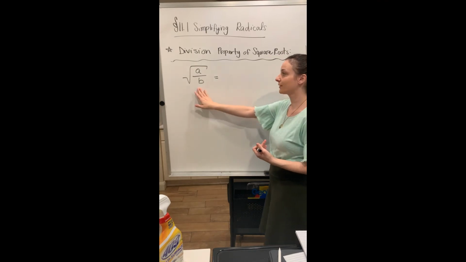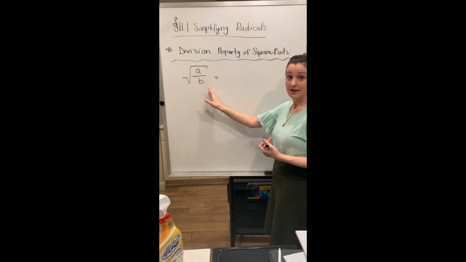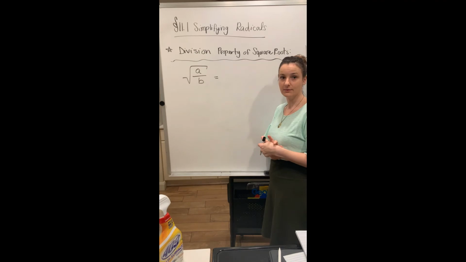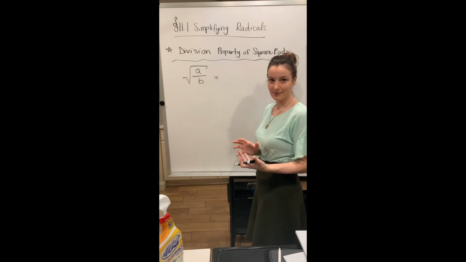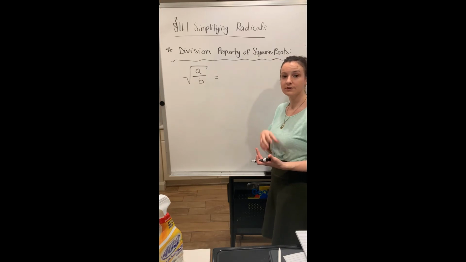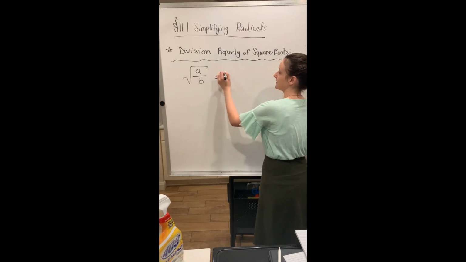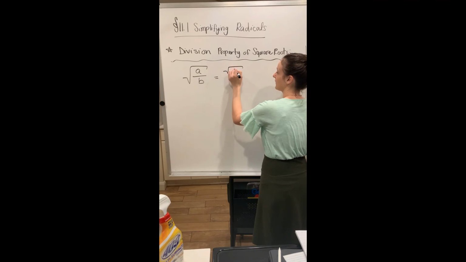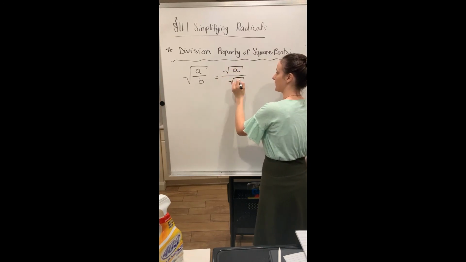So here I have the square root of a divided by b. You can recall from your exponent rules that when we squared a number that was a fraction, we squared the top and squared the bottom. We're going to be using that same idea here, and we are going to be taking the square root of the top, the square root of a, and dividing it by the square root of b.